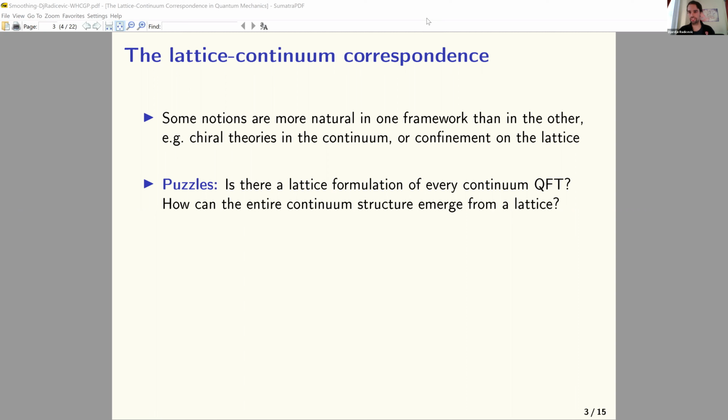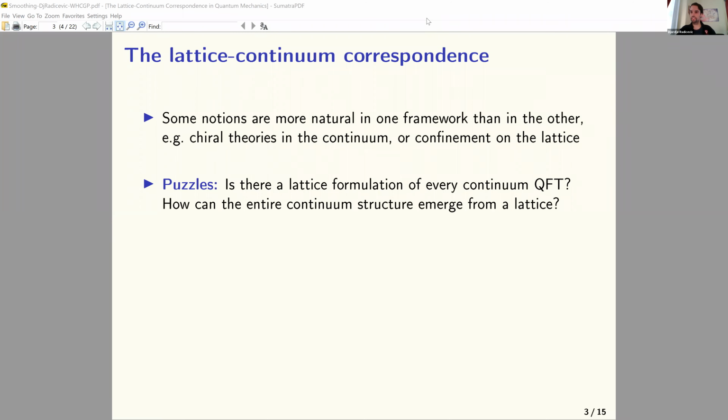There are algebraic structures, there's operator product expansions, there's current algebras, there are various anomalies, and so on. There are many concepts which exist in the continuum language which are very unnatural in the lattice language. And so one would like to know how these things would emerge, ideally in some controlled way, from a lattice.